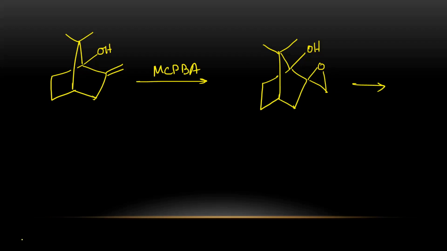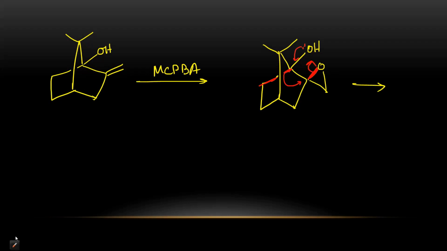This is okay. Now it is a rigid system. And in the last class, I told you that in a rigid system, it is not the migratory aptitude but the orientation that matters. I have shown you this bond will break and the parallel bond. If oxygen comes as a double bond, then this bond is parallel, right? So this bond will move here.